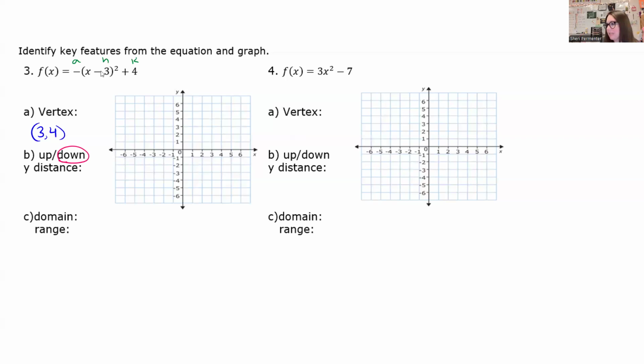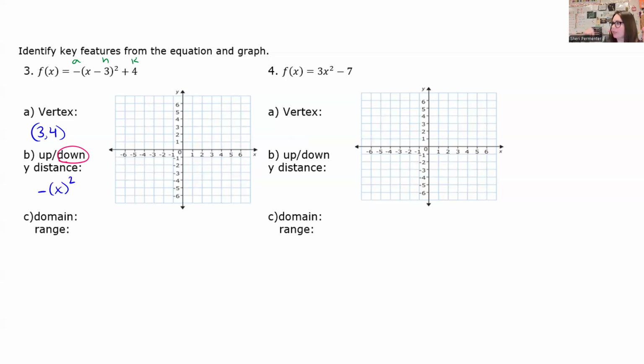So the Y distances, you write down negative x squared. That's how we're going to figure it out.